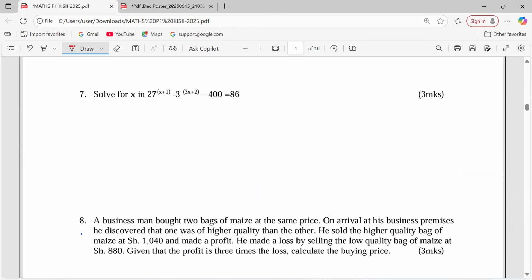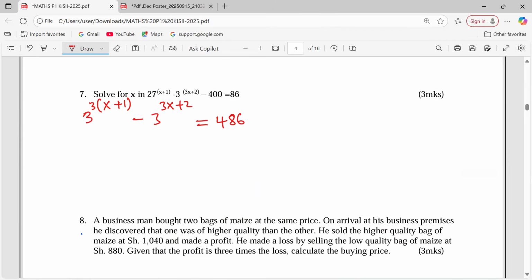We can make the composite numbers to the least possible bases. For example, 27 can be re-expressed as 3 power 3. Then already we have x plus 1 there, minus 3 power 3x plus 2, equals 486 on this side. 486 cannot be put to base 3.